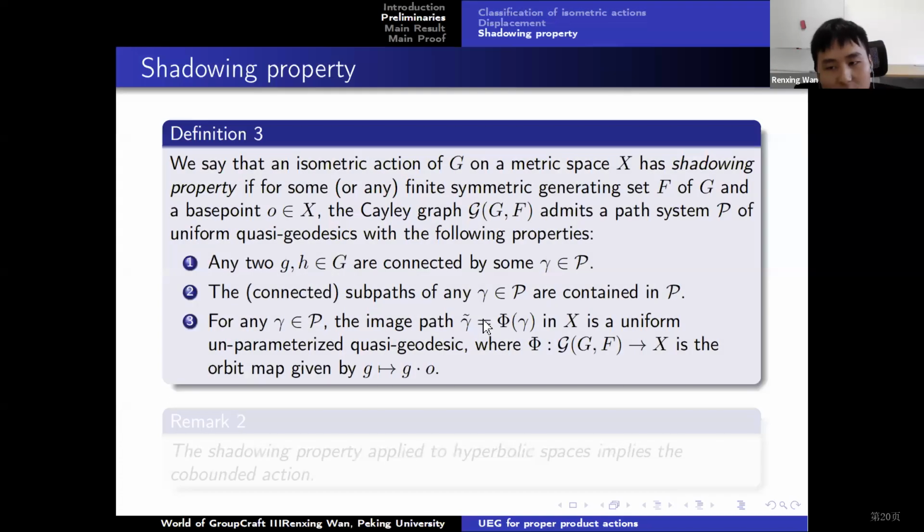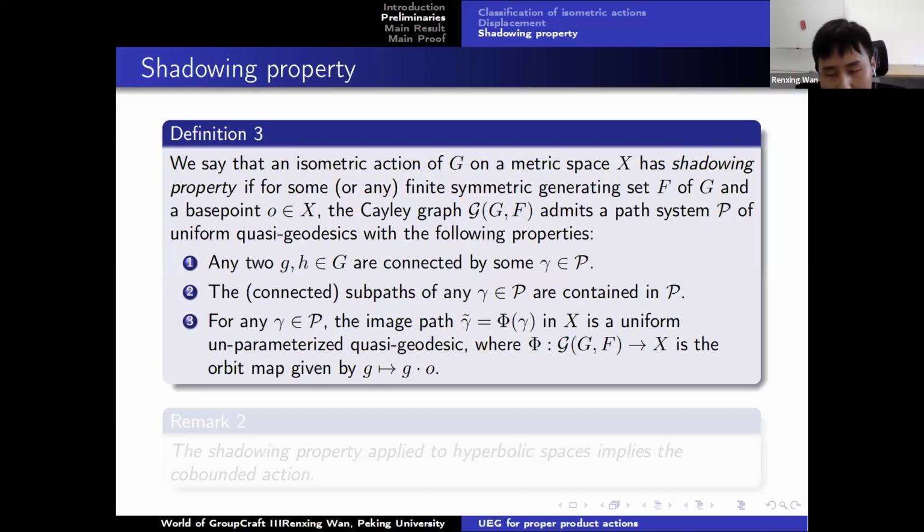Okay, the last and most important concept that I want to mention is the shadowing property. We define the shadowing property also for the group action. For a group action, we take a generating set F of G and a base point O in the space X. We say that the K-graph has a path system P consisting of some uniform coarsely geodesics.